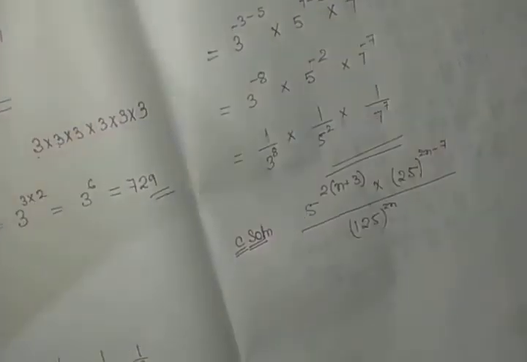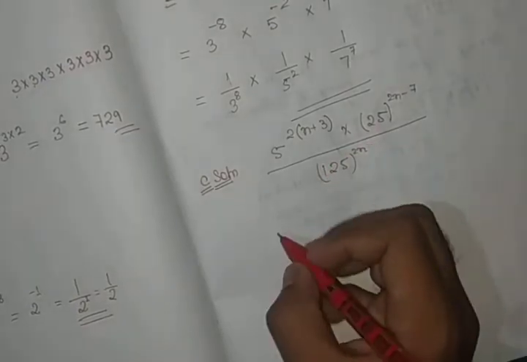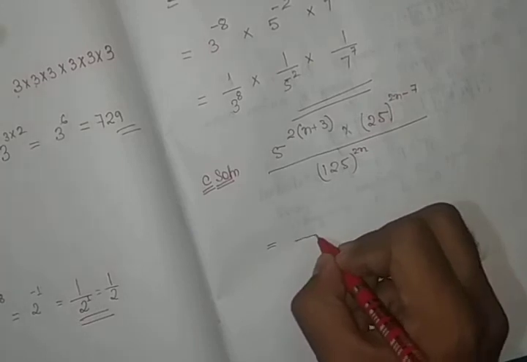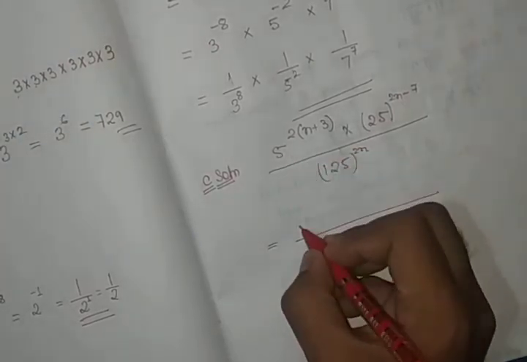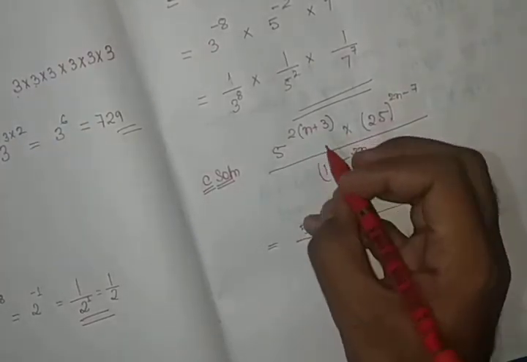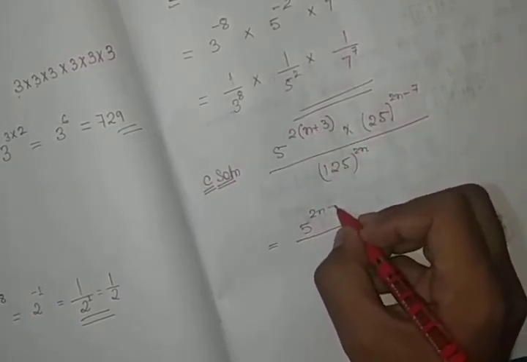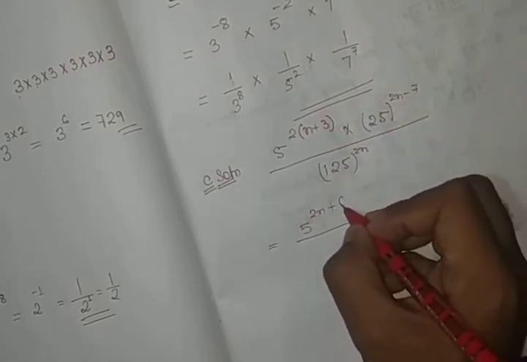Then here we have to just make a small change. We have to make all the powers of all the bases of 5. This base is already 5. We need to multiply this one: 2 into n, this will be 2n plus 2 3s are 6.